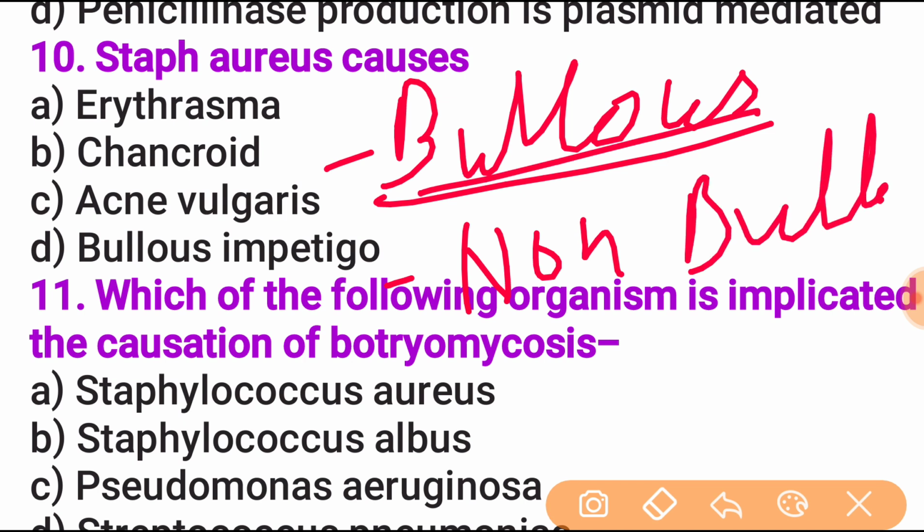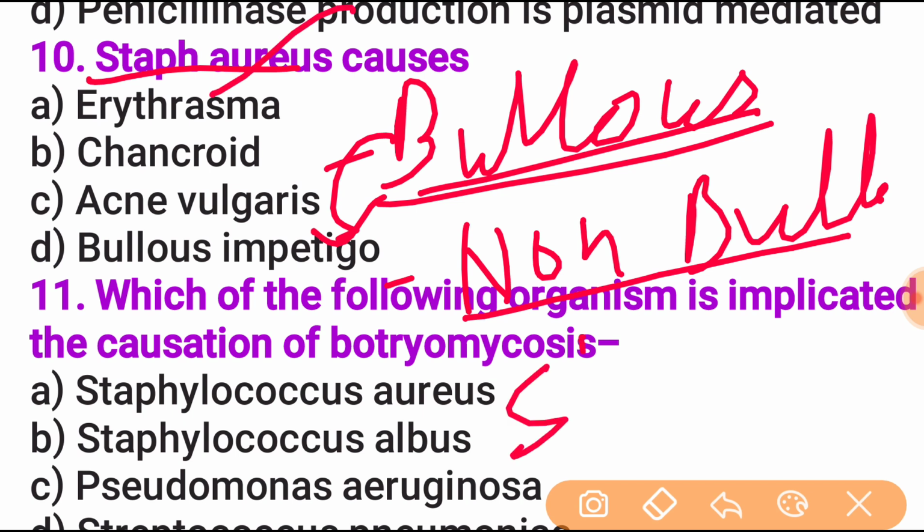Bullous impetigo is caused by Staphylococcus aureus, while non-bullous is caused by Staphylococcus and Streptococcus pyogenes.